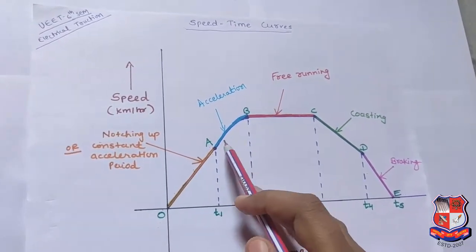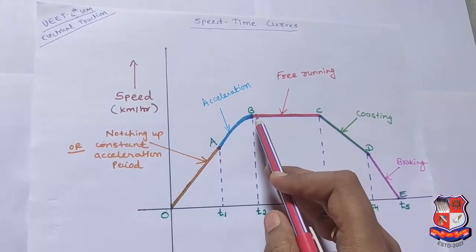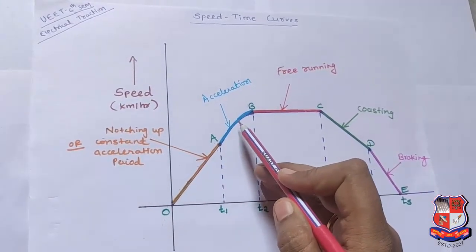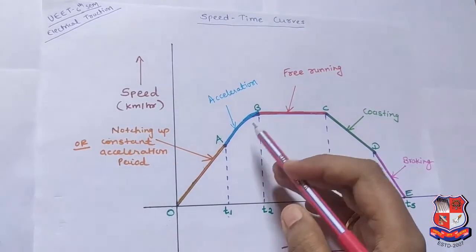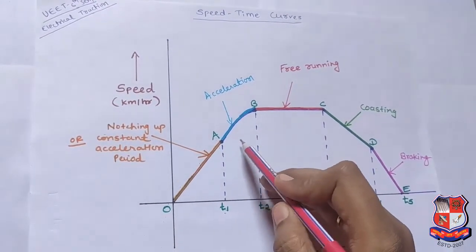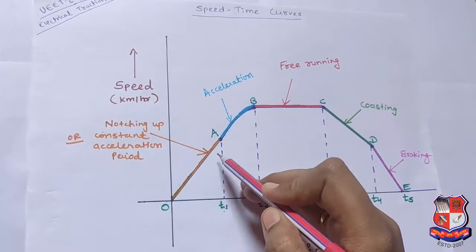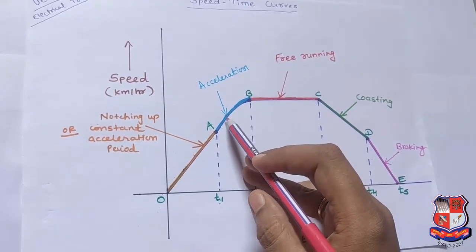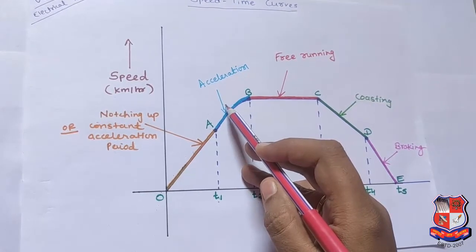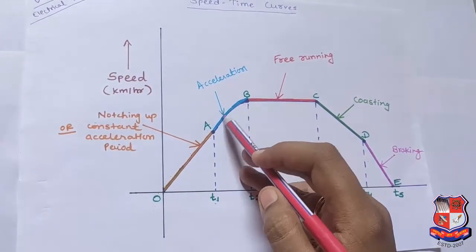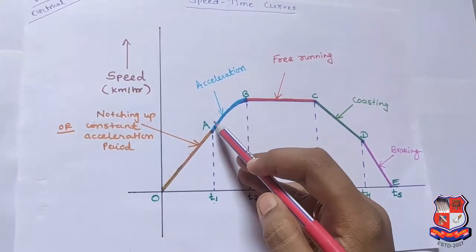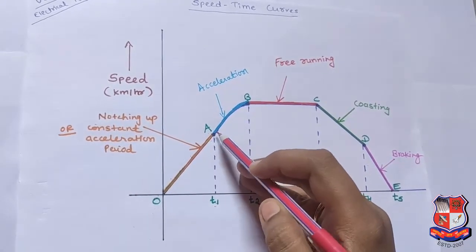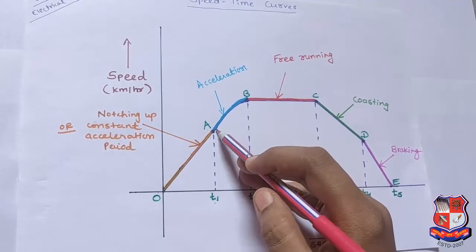Okay. Next is the acceleration period. After the starting resistance has been cut out at point T1, that is, when the starting operation is over, the train still continues to accelerate along the curve AB. During this period, the motor current and torque decrease as the speed increases. Why?